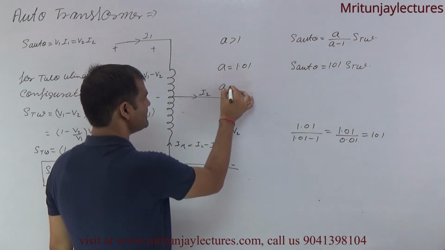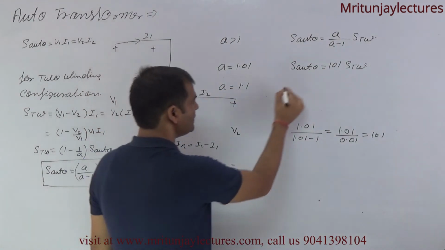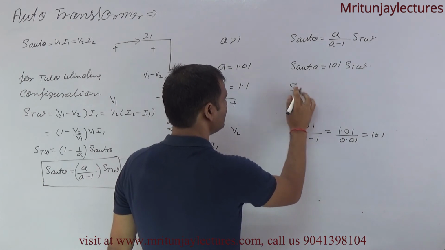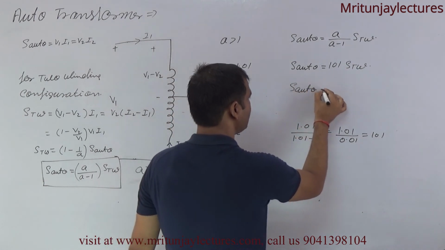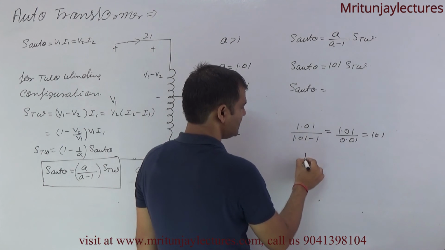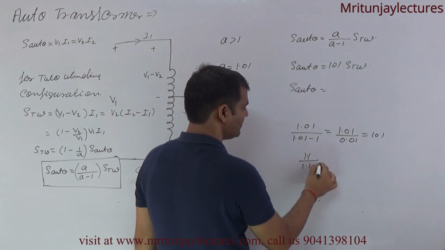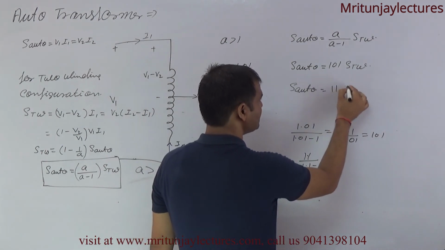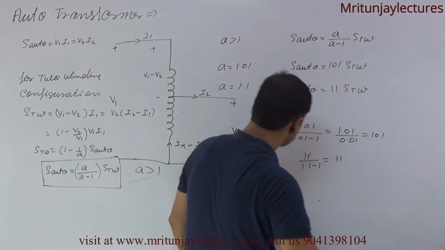If A is considered 1.1, then the S auto rating is 1.1 divided by 1.1 minus 1, that is 11. Clear?